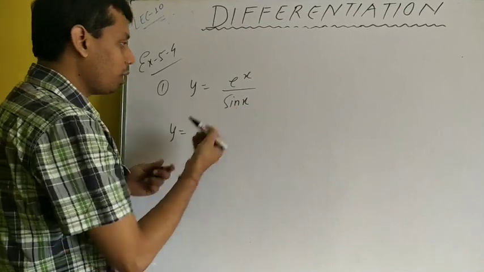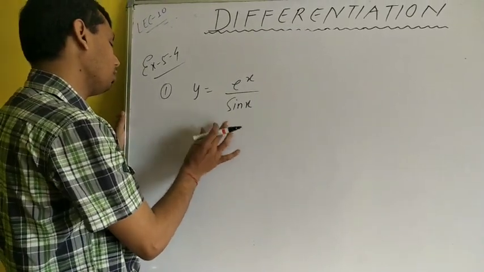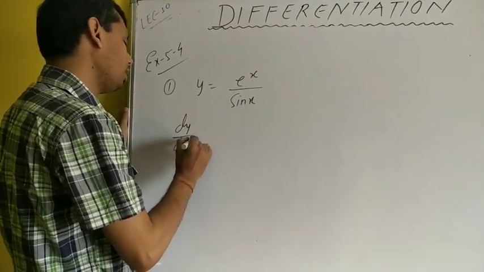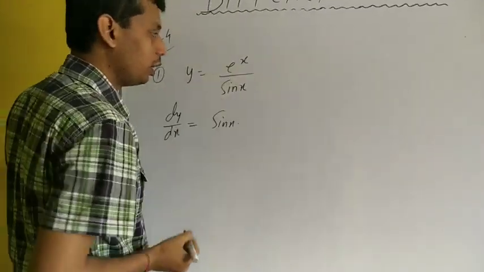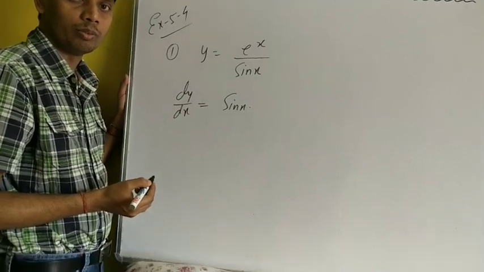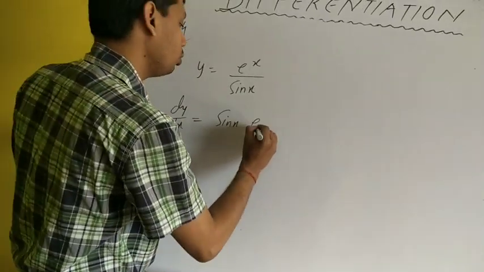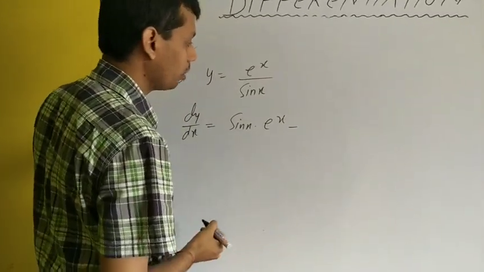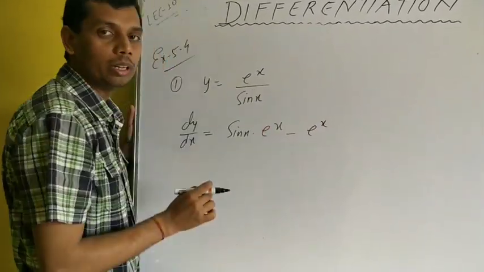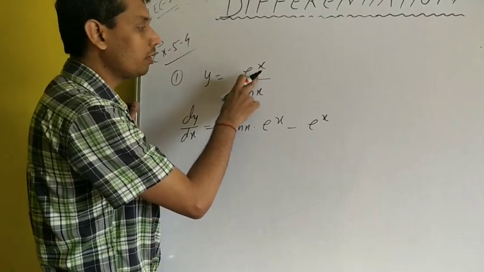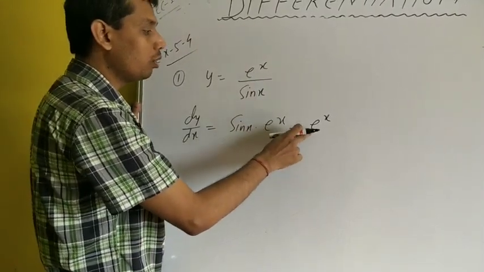If we apply the formula u by v, then dy by dx will be equal to what? Keeping the denominator constant, we differentiate the numerator, and differentiation of e to the power x is e to the power x, minus. Now keeping the numerator constant, we differentiate the denominator.